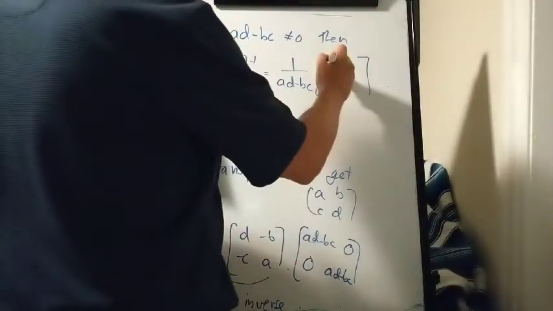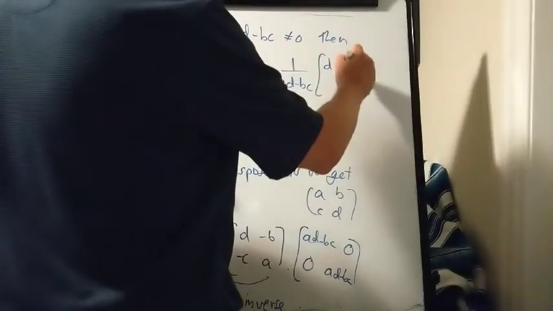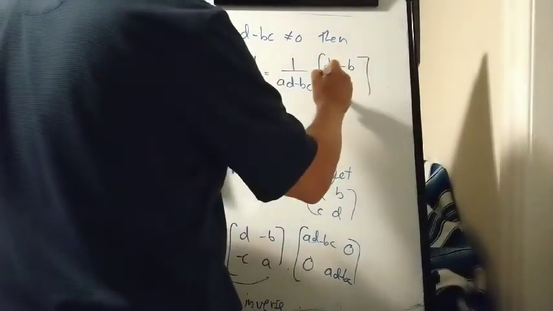So we switch the D and the A, but keep their positive signs. And then we keep the B and the C exactly where they are, but we switch their signs.